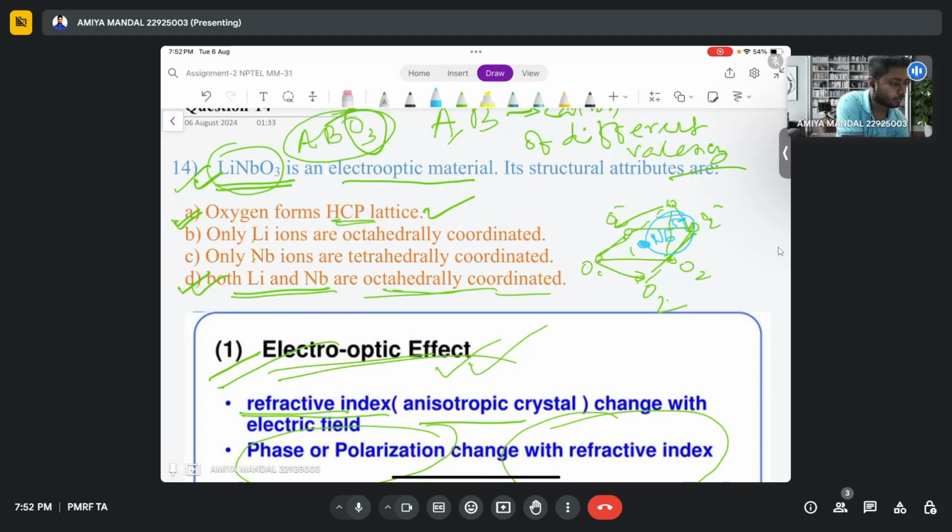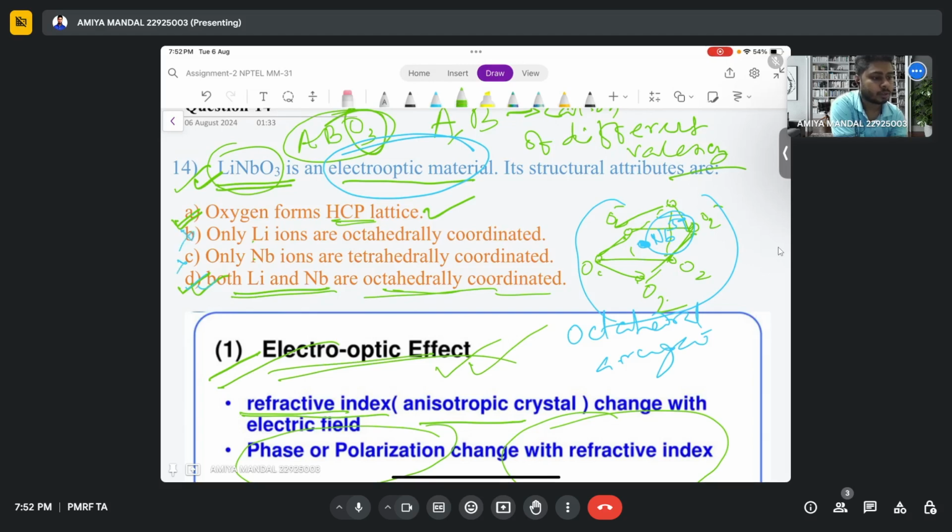Similarly for lithium also. So this is the octahedral arrangement, and this arrangement affects the optoelectric behavior in the material. So A and D options are correct. B and C are incorrect.